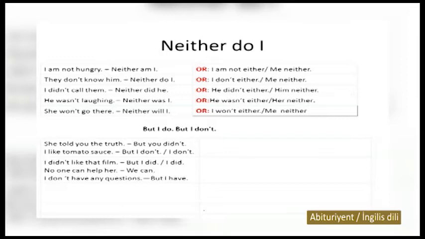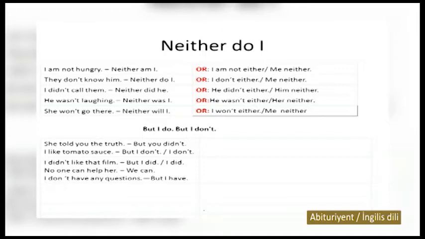Remember, we don't use to if our sentence is negative. If the negative sentence is true for you, don't use to. Remember, this is the point that most of our students make a mistake. I am not hungry either, or me neither.